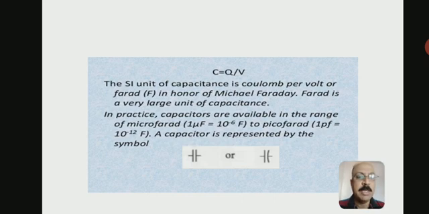A capacitor is represented by the circuit symbol of two parallel plates, where one is a straight plate and the other is a curved plate.